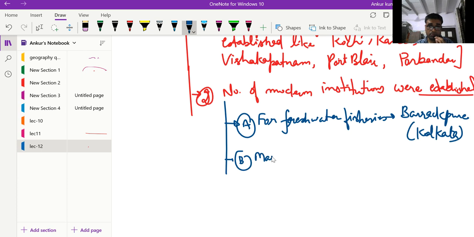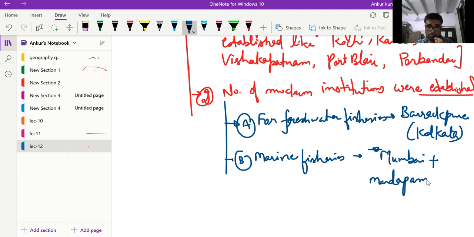For marine fisheries, the institution was established at Mumbai and the Mandapam. Mandapam is in Tamil Nadu. Okay.